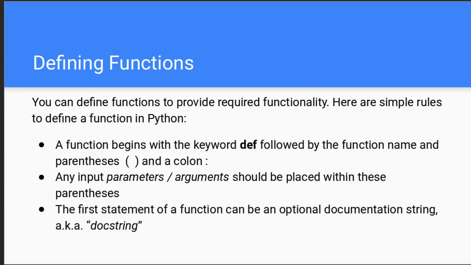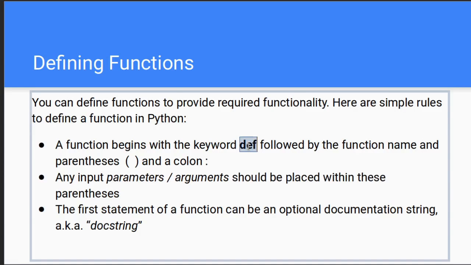You can define functions to provide functionality by using the def keyword, DEF. And then you put the function name, your parentheses, and a colon. We know about the colon beginning blocks from our previous work with if statements and for loops.